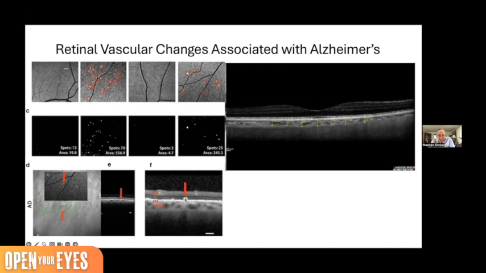What you're seeing here looks like a drusen deposit in the outer retina, but they've actually shown that these are amyloid deposits. And they're now starting to see some thinning of the choriocapillaris, the choroid and choriocapillaris. But this is only beginning as we're developing better methods of OCT imaging. Okay.